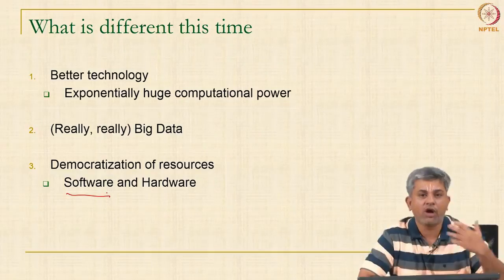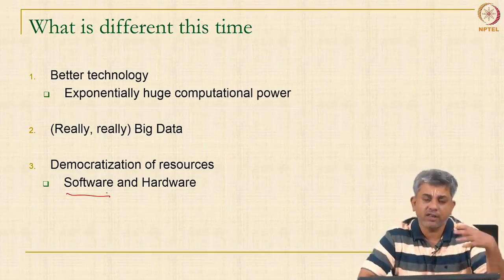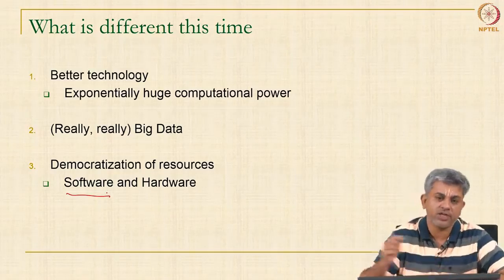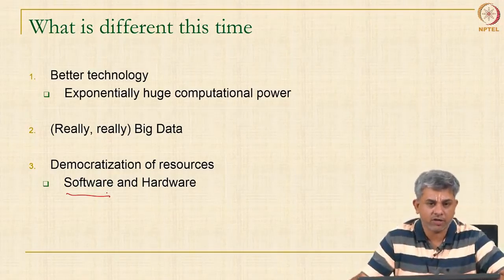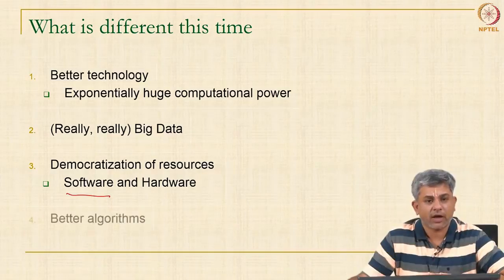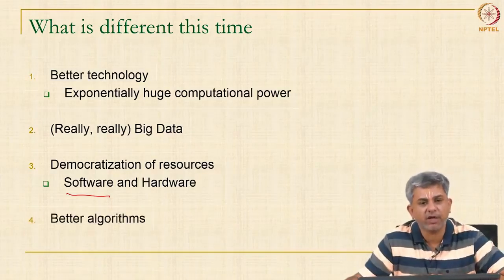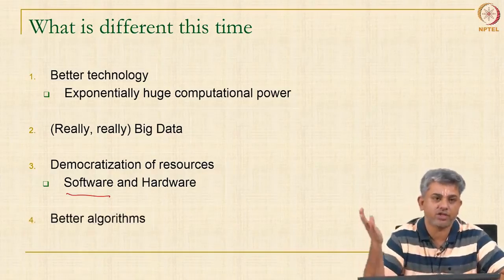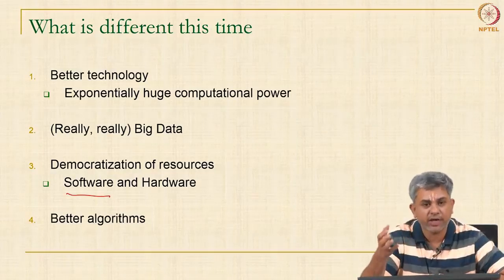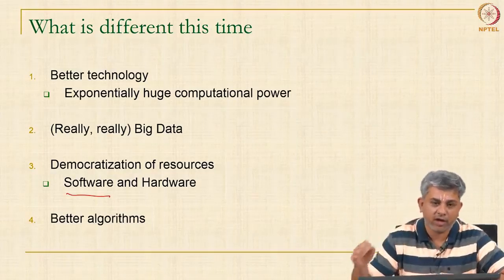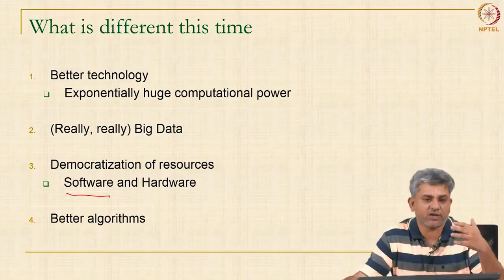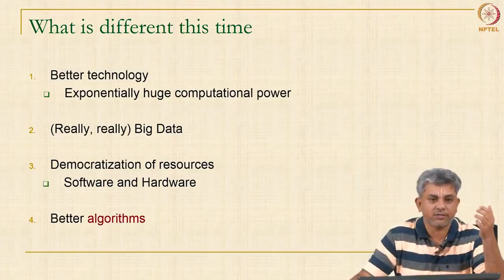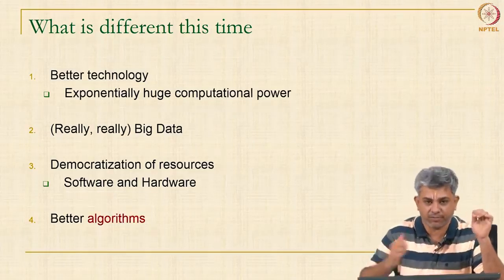Even if they do not know how to code something from scratch, they can use existing packages and at least use a few of those algorithms. We will be seeing that later on in this course. And there have been genuinely better algorithms, even if they are variations of prior algorithms. So, our focus for the rest of the course is the algorithms portion.